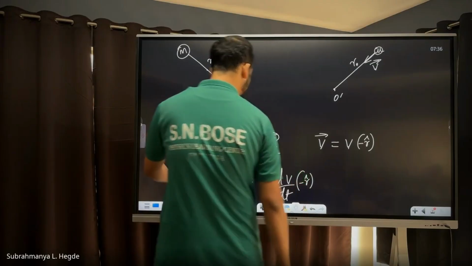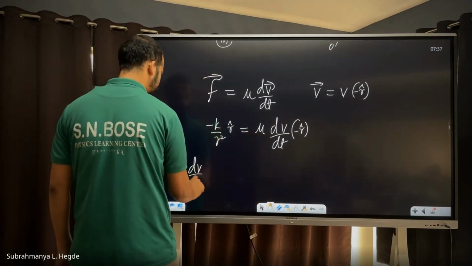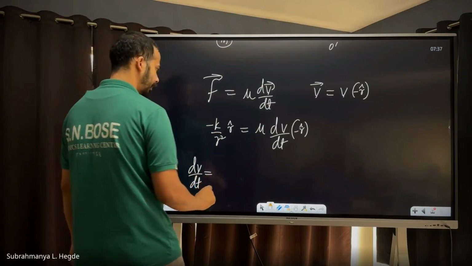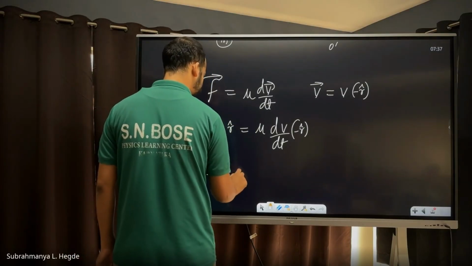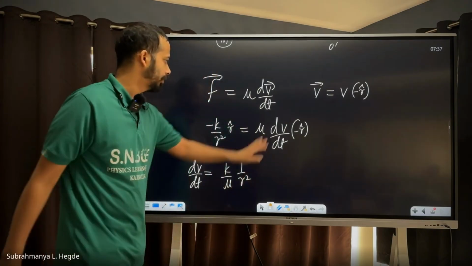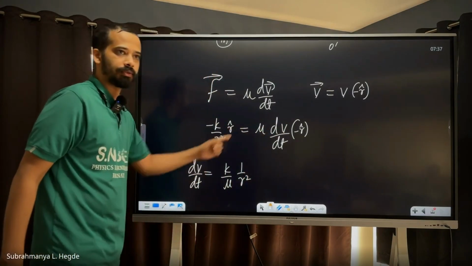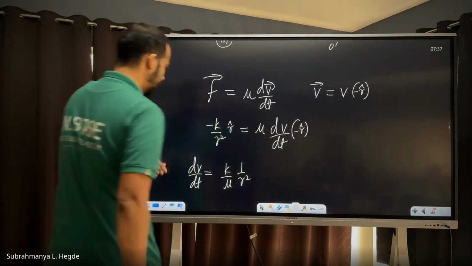That negative sign got cancelled. I will get dv by dt equal to k by mu, 1 by r square. Can you check this out? dv by dt equals k by mu 1 by r square, the negative sign got cancelled. Minus r cap and minus r cap, you can cancel it out.